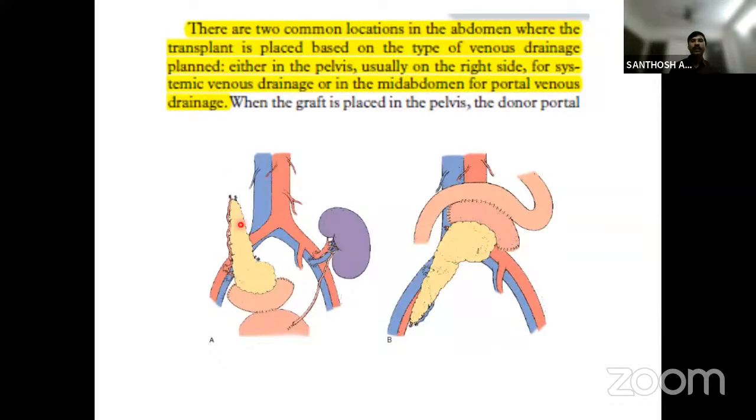In case of portal vein anastomosis of SMV, definitely the physiology is much better compared to drainage of insulin into the systemic circulation. But the ultimate effect of the pancreas transplant, whether the anastomosis is done with the external iliac vein or the portal vein, is not going to change.